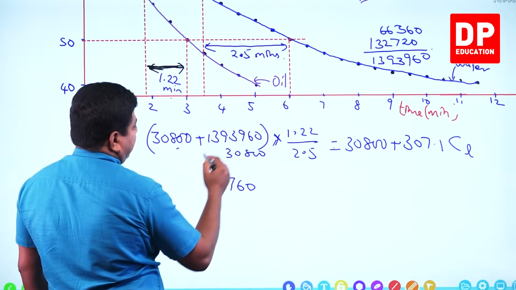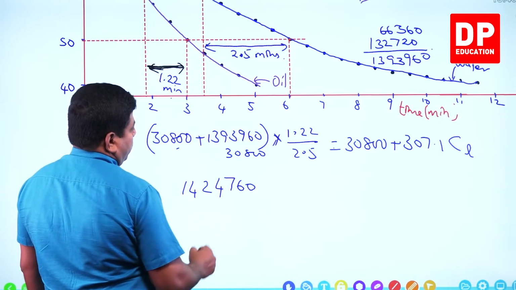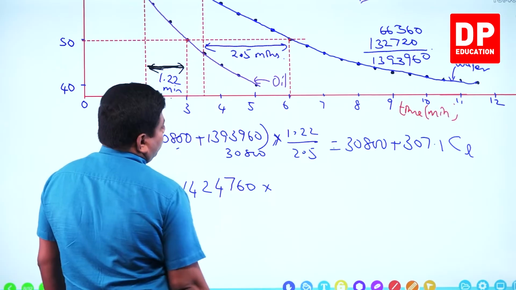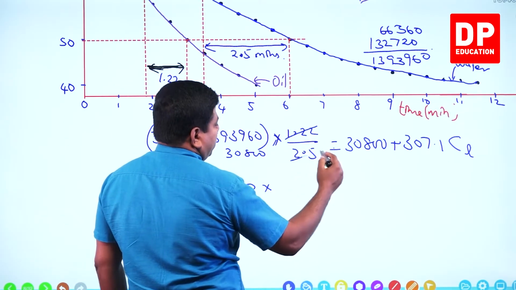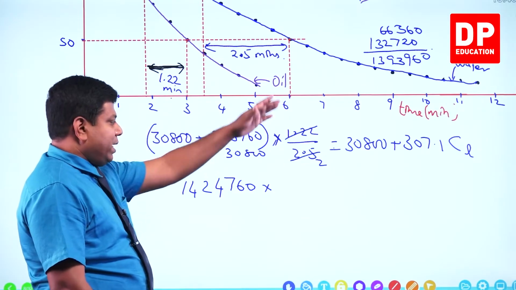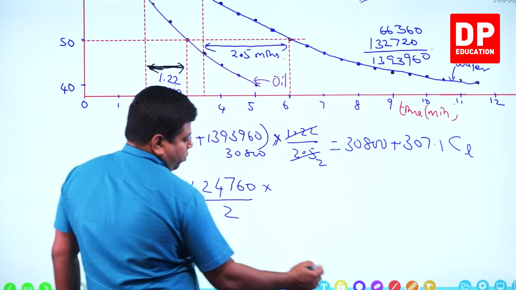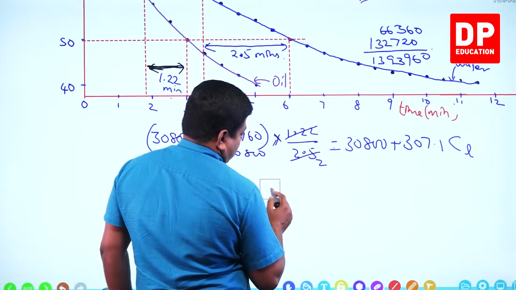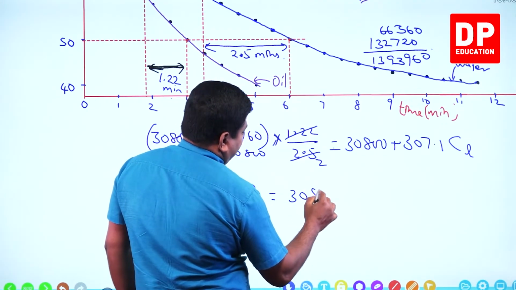This is how we added, right? So that will be 142. Into 1.22 over 2.5, I can approximately assume it to be 2. Approximately, it's like 2.049 something, so we can take it as 2. 2 equals 30,800 plus 307.1 CL.